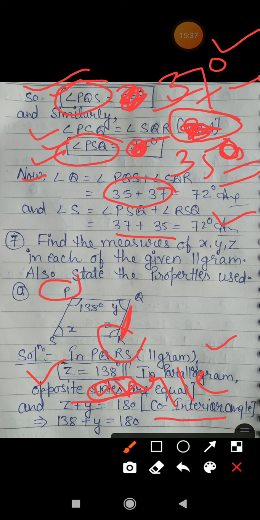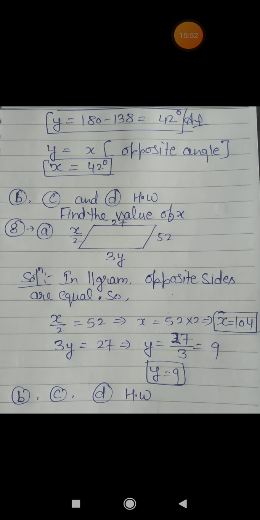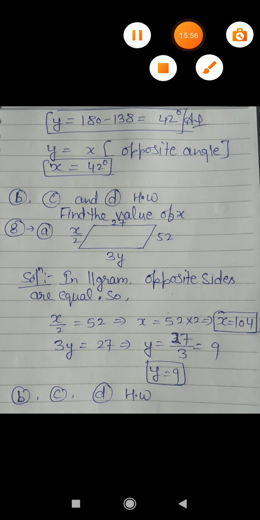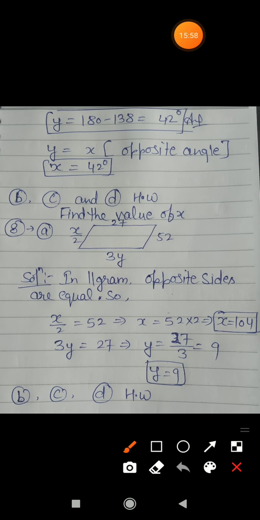Now you have to do the next part for the co-interior angle. Z plus y is equal to 180. This is a co-interior angle, so you have to use 138 plus y is equal to 180, and then solve by subtracting 138 from 180, and you get the value of y, that is 42.